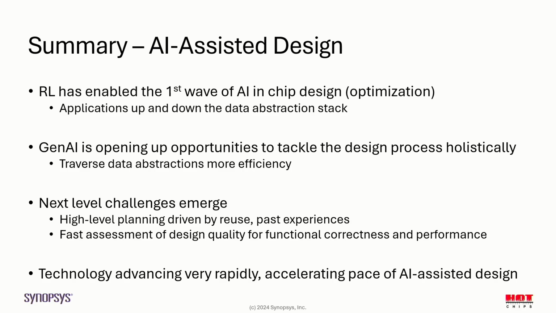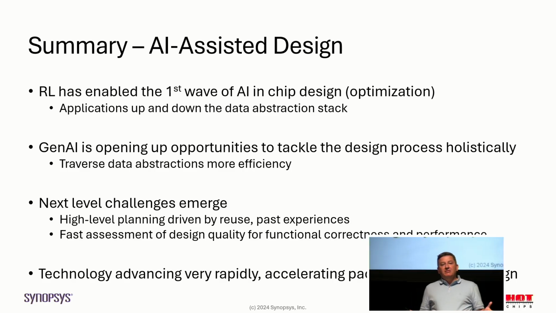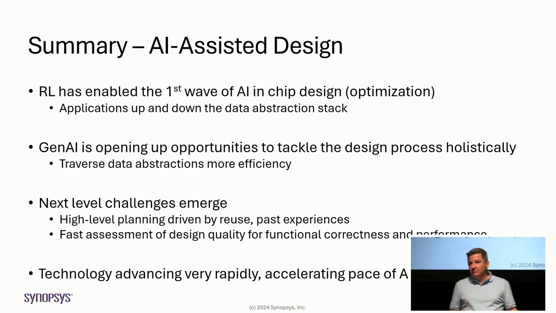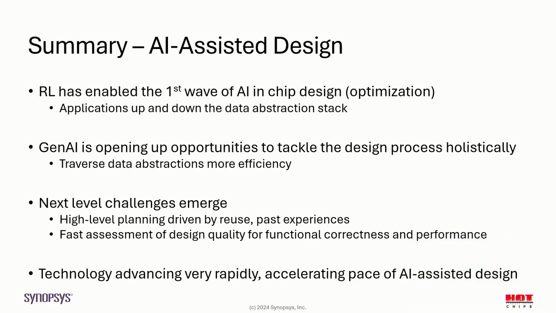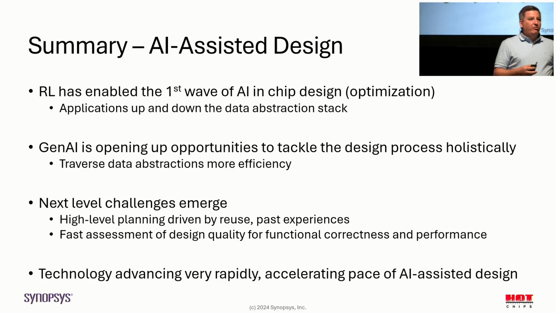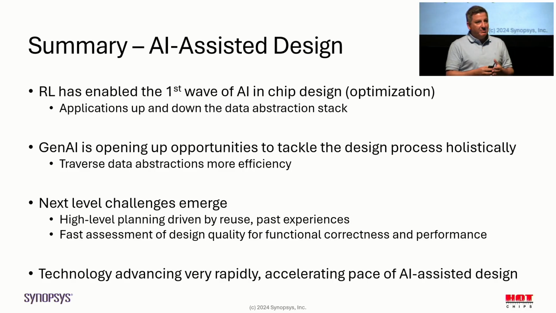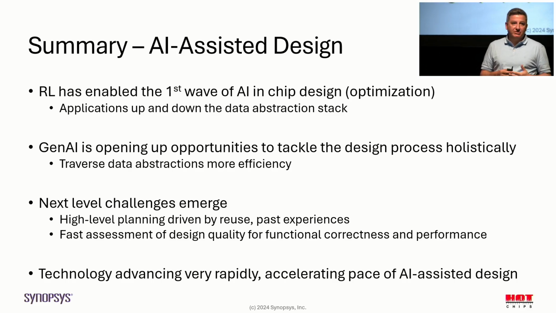So in summary, I believe we have seen the first wave of AI-assisted chip design in reinforcement learning-based systems for optimization. These optimizations can be performed within specific abstractions or can also be performed up and down the data abstraction stack in multi-stage, multi-domain, multi-abstraction optimization.